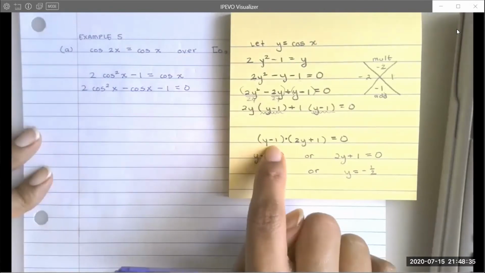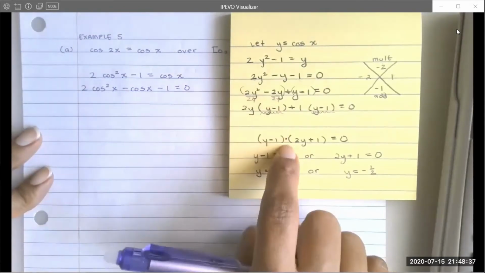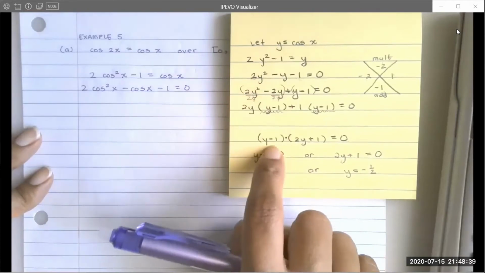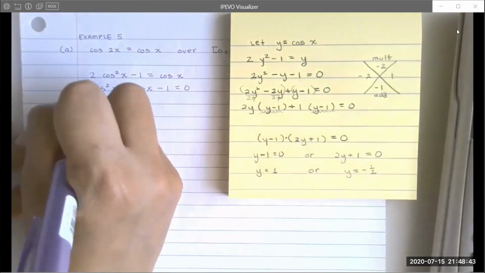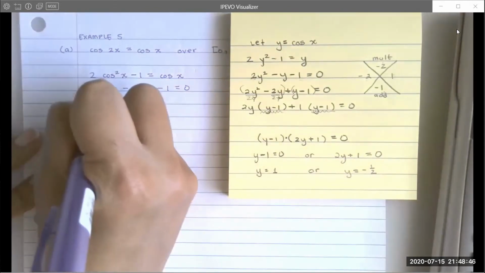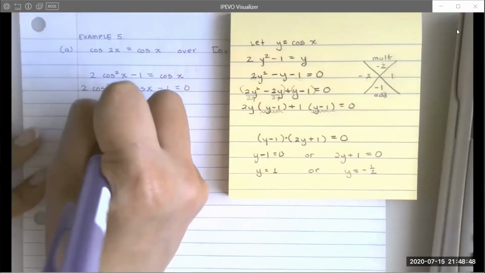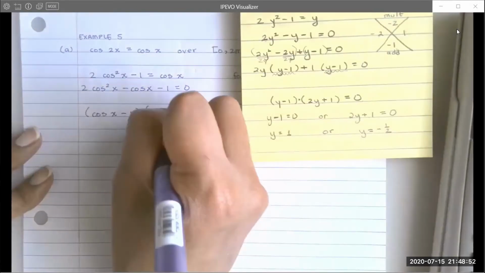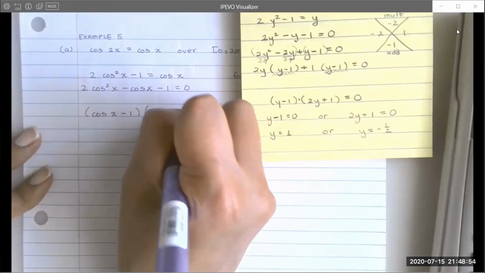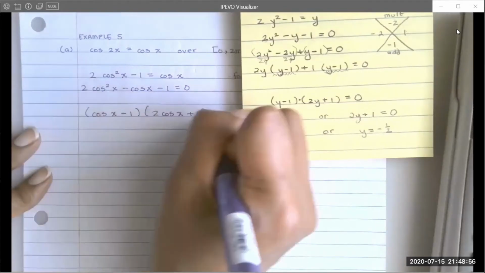I'm just going to go straight to this result since we've already worked through it. I know that y is representing cosine, so this is going to factor into a cosine x minus 1 times a 2 times cosine x plus 1 is equal to 0.